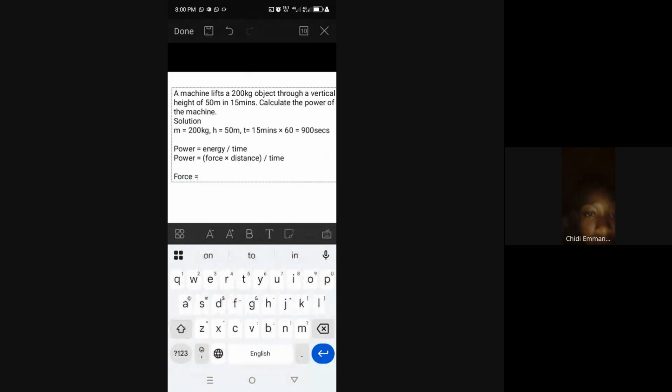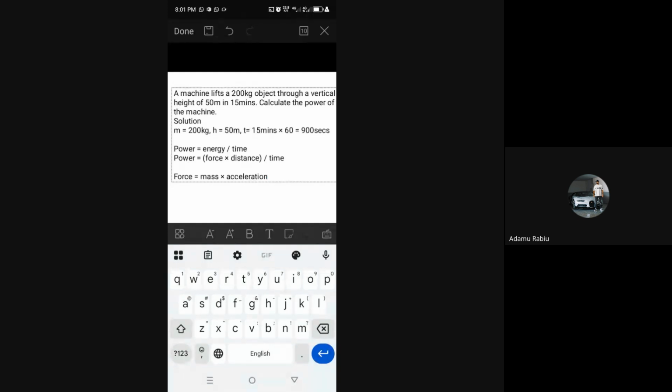Force is equal to mass times acceleration. I want you to be following me very well. You know, physics is just a matter of connection. Be able to connect what you are seeing. If you look at the question carefully, you discover that it's a vertical motion.